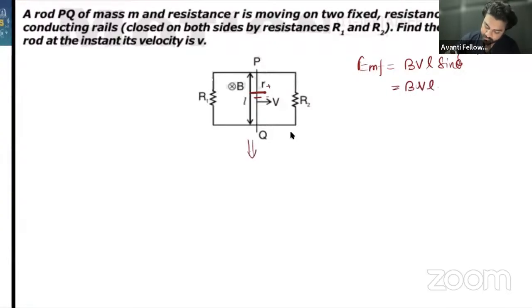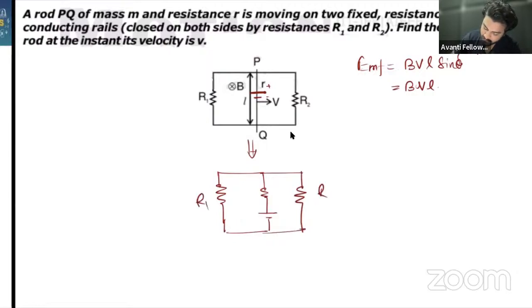Now we can redraw this circuit. Positive battery, R1, R2, small r, and the battery which has BVL as the EMF. Now how to find the current?